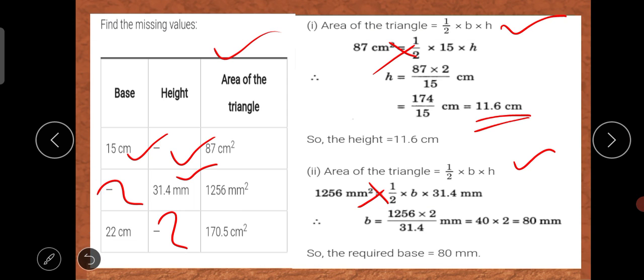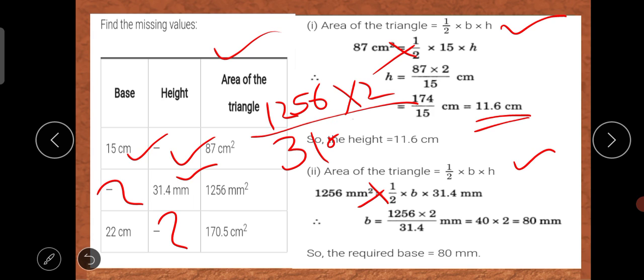Here again the same method is there. 31.4, we will multiply by 10 to remove that decimal. So let's see here: 1256 is multiplied by 2, upon 31.4.